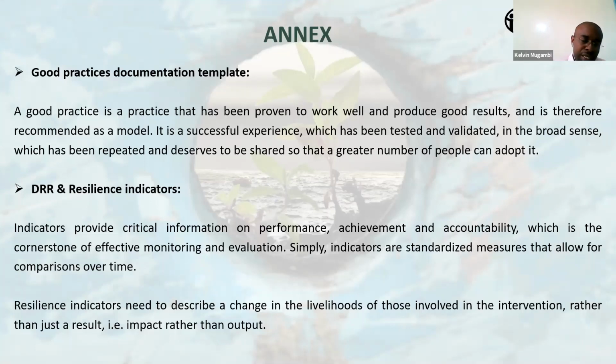Important to note is that these resilience indicators provided by the policy meet the requirement that they describe the change in the livelihoods of those involved in the intervention, and don't just give the end results. So they are indicators describing the impact rather than the output.